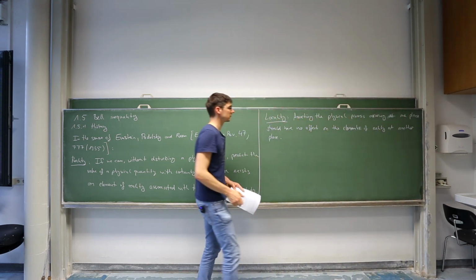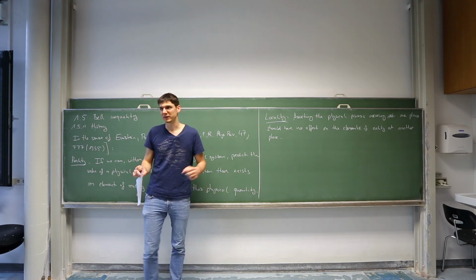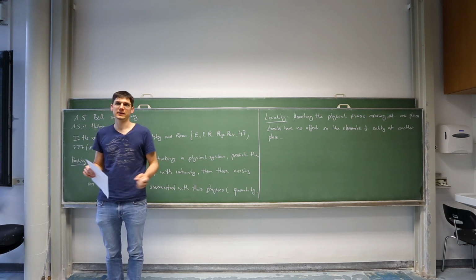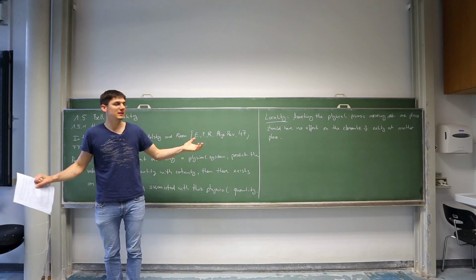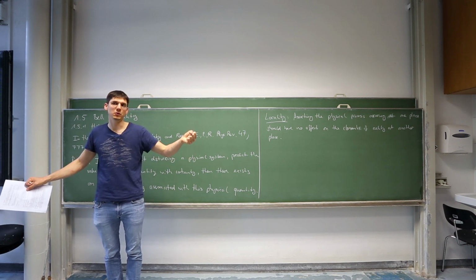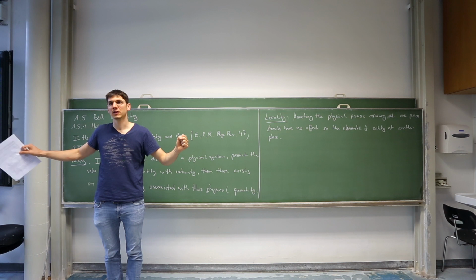Well, this is actually very intuitive to understand. If you have a bipartite system and you place the parts into different space-like separated places, and you perform a measurement or somehow disturb one of these systems, then this can have no immediate effect on the element of physical reality of the other system.